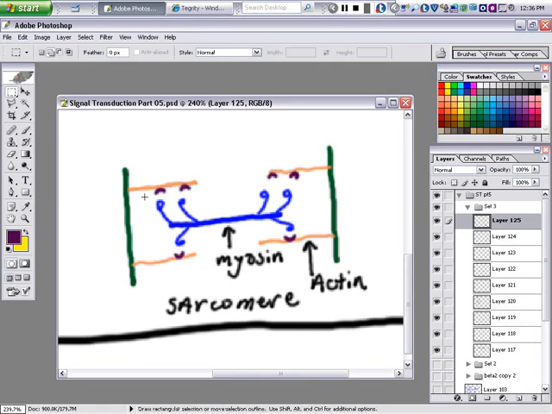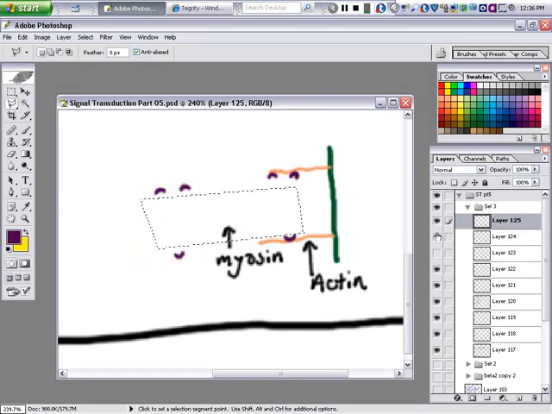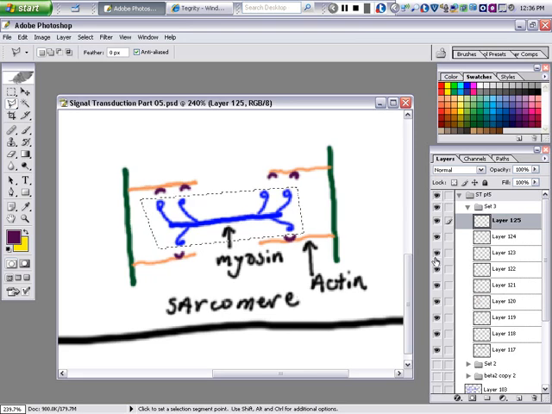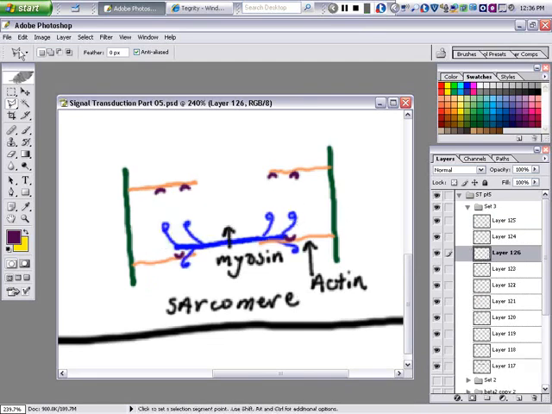I'm going to actually make my myosin here just a little smaller. Let me just find myosin here. Doesn't want to be found. There it is. Okay, there's my myosin.